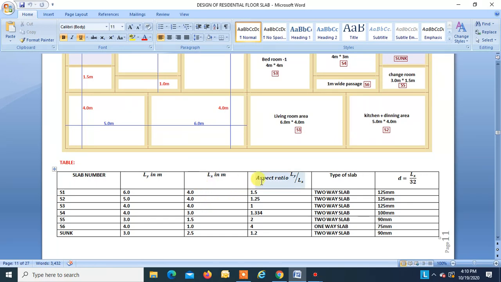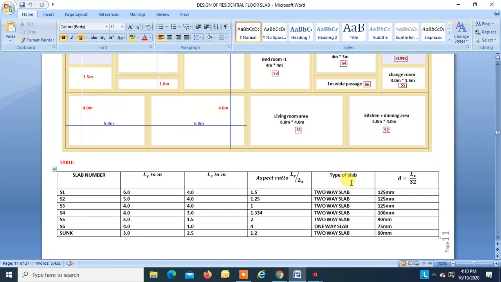This is the aspect ratio: S1 is 1.5, S2 1.25, S3 1, S4 1.334, S5 is 2, and S6 is 4. Since the aspect ratio is greater than 2, S6 is a one-way slab, and the sunk is 1.2. So excluding this, all the other slabs are two-way slabs.